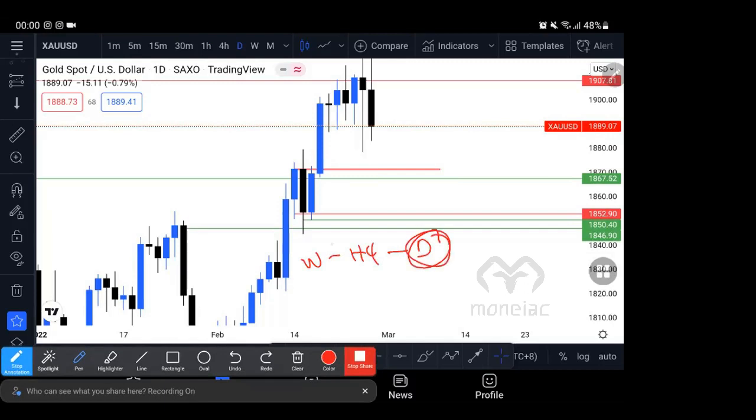So the daily is breakout, which means the setup happened at H4 and this is the direction. So I'm going to find the re-entry at H4. So for this part you guys are clear.